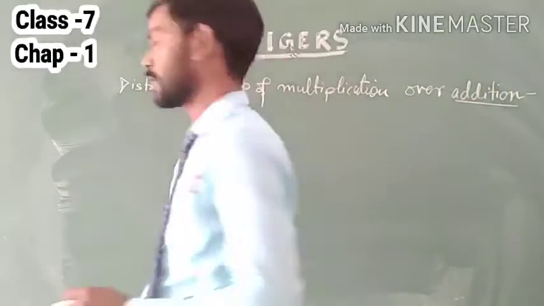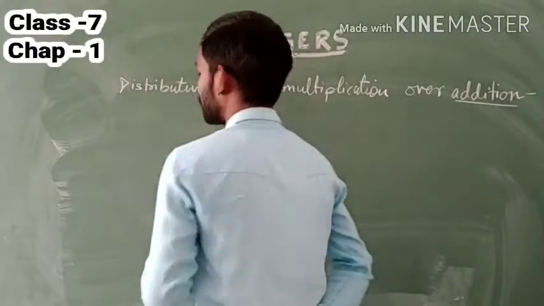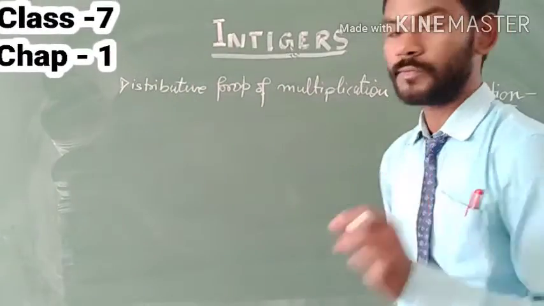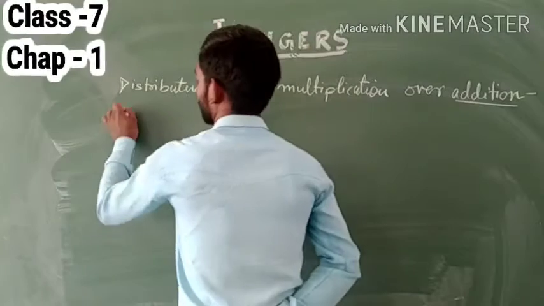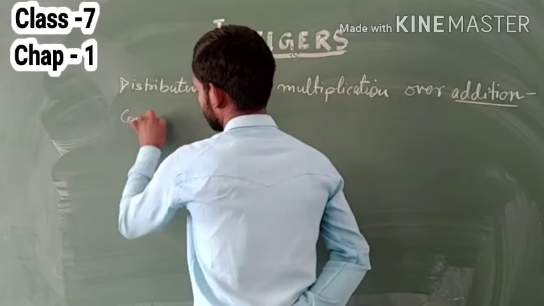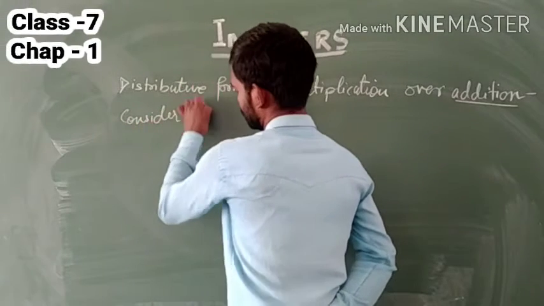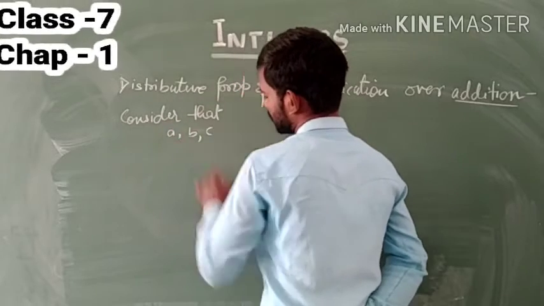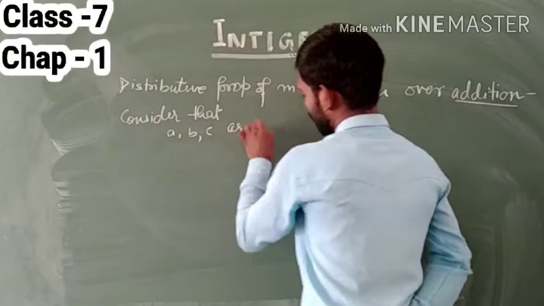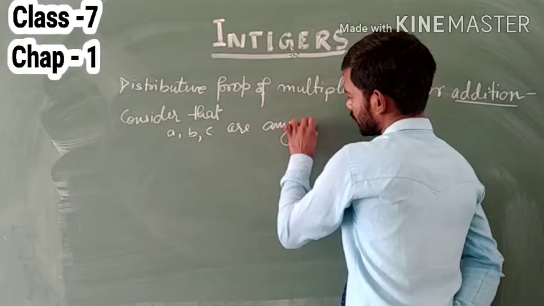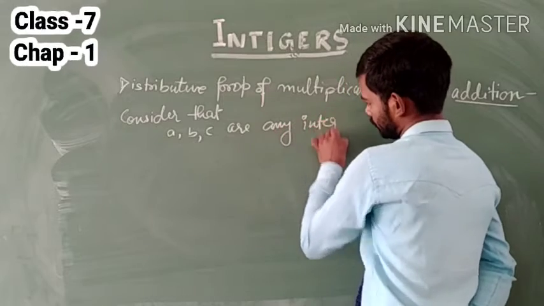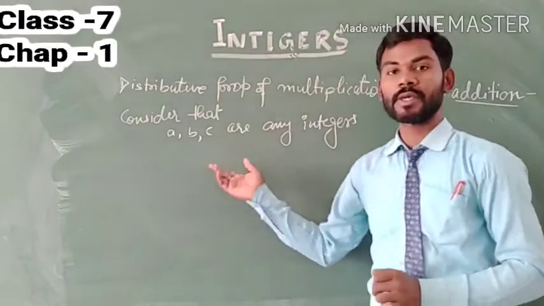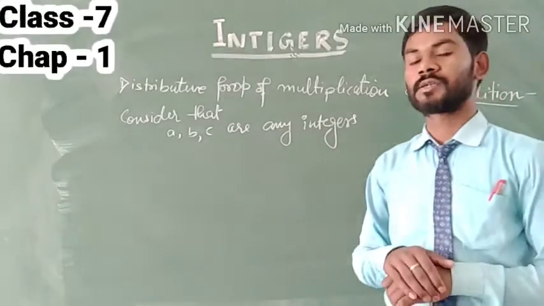Okay, so for this, here we shall take general values of integers, and consider that A, B, C are any integers.